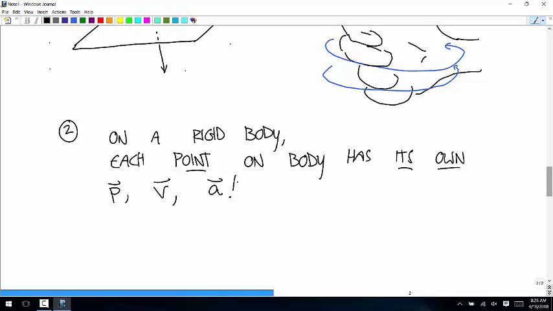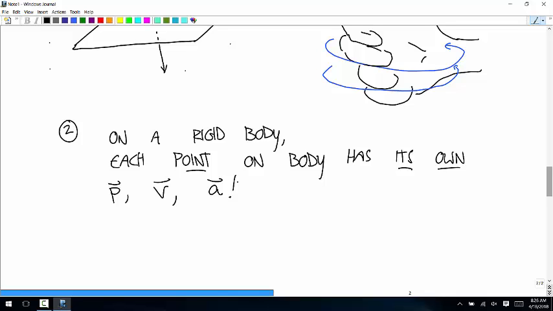Something close to that axis of rotation is moving slowly, with a small acceleration. Something way out at the end is moving fast with a big acceleration. So if you're talking about rigid bodies, you can't just say this is the object's velocity, acceleration, position. You have to specify what material point on the body you're talking about.